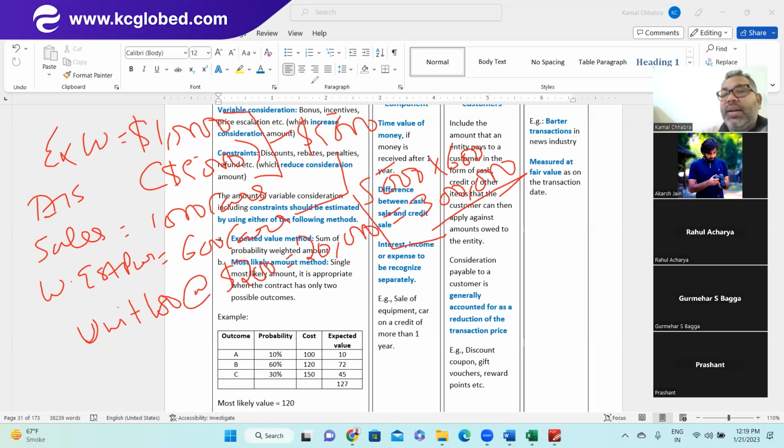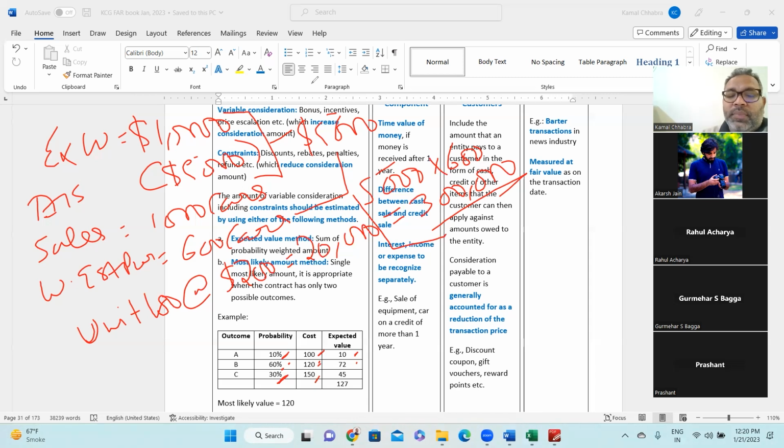Now you will identify the probability of recovery. Let's assume there is a 30% probability that the customer will pay $150, a 60% probability that the customer will pay $120, and a 10% probability that the customer will pay $100. How do you calculate the amount you can recognize as revenue in this scenario? 10% of 100 is $10. 60% of 120 is $72. 30% of 150 is $45.